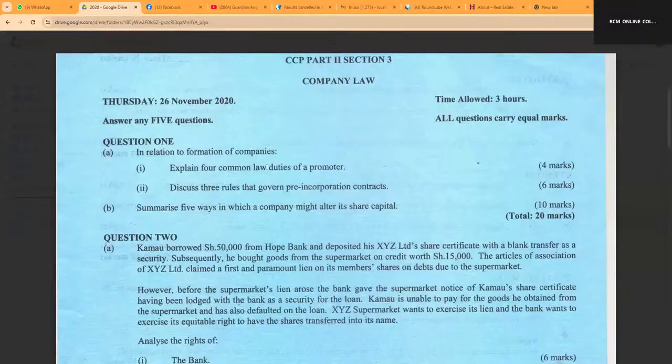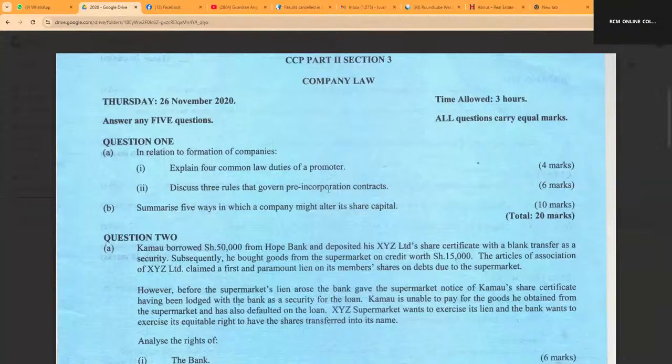Did you do law and governance? You learned about sources of law, where you learned about the common law, acts of parliament, Islamic law. What else? There are so many of them. So those duties are borrowed from the common law, and they are the ones we just looked at in class.